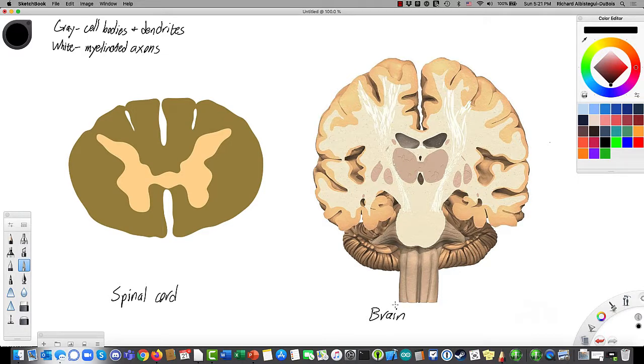So what you're seeing here with the spinal cord is what you might get if you did a cross-section like that through the spine.